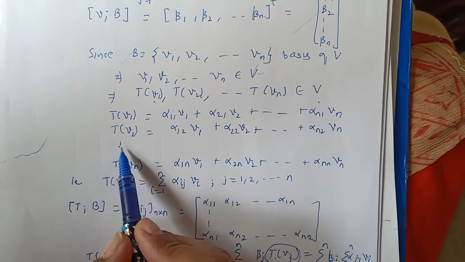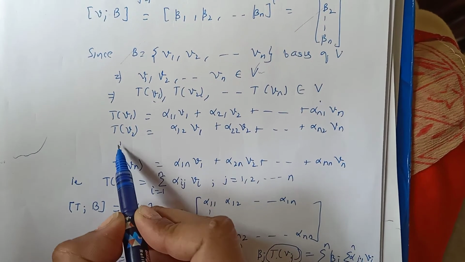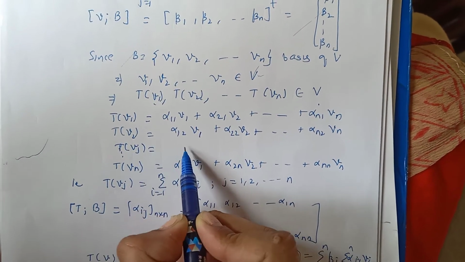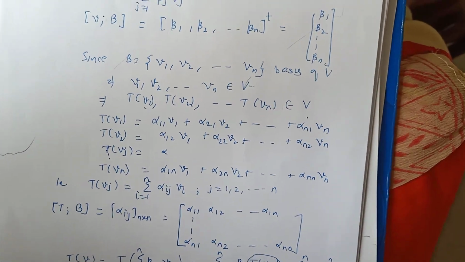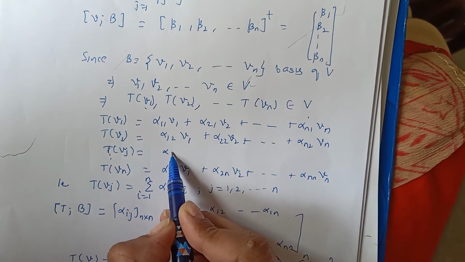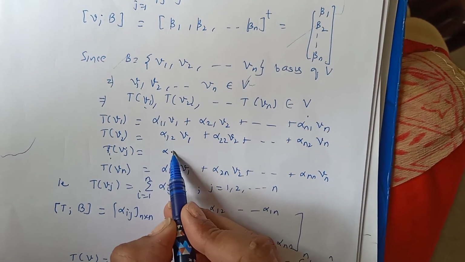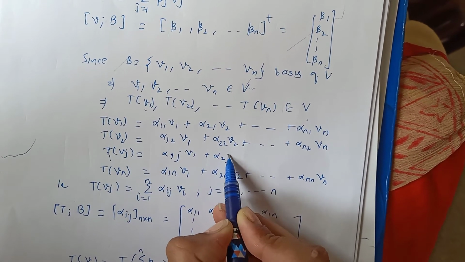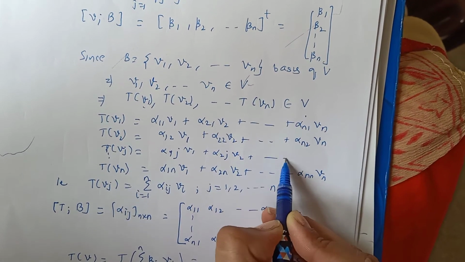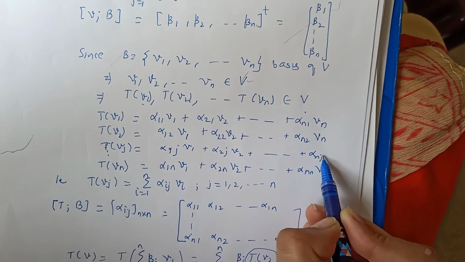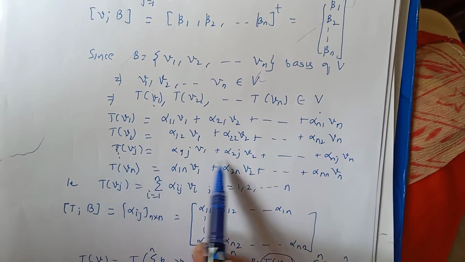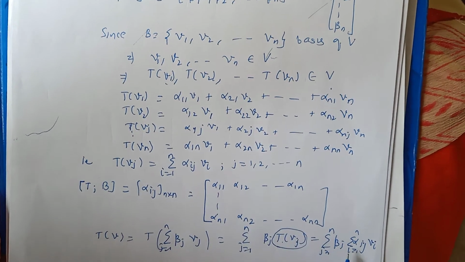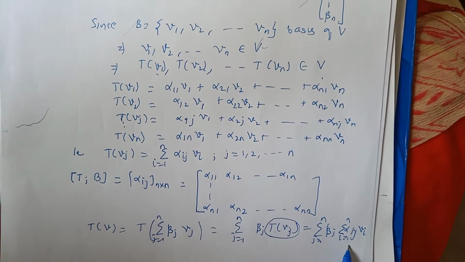Accordingly, T of Vj would be alpha 1j V1, alpha 2j V2, and so on, alpha nj Vn. So I have written this value in terms of Vi's from here.